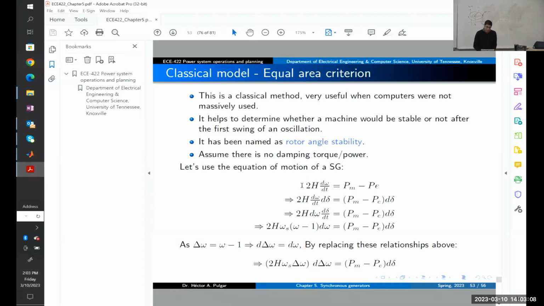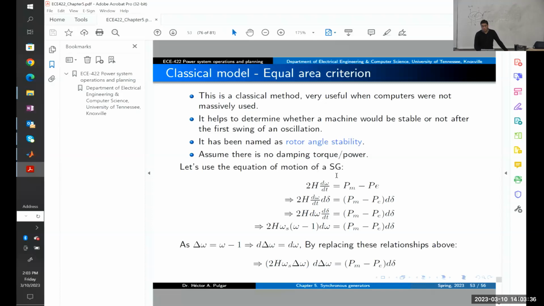So if we use the first equation for the angle, we know that on this side we will have the accelerating power, and that accelerating power will be equal to 2 times H multiplied by the acceleration in the machine. Remember that the speed here, omega, is going to be in per unit. So omega is 1 per unit at the equilibrium point.